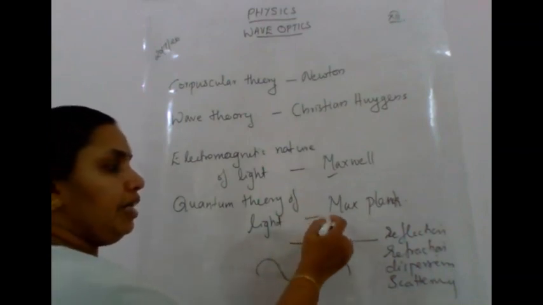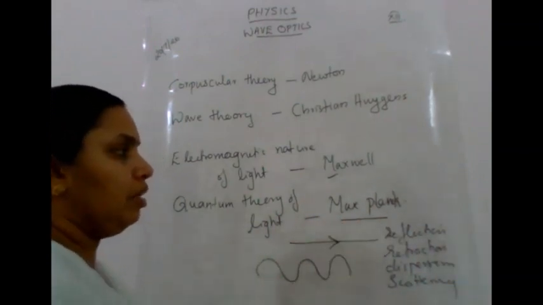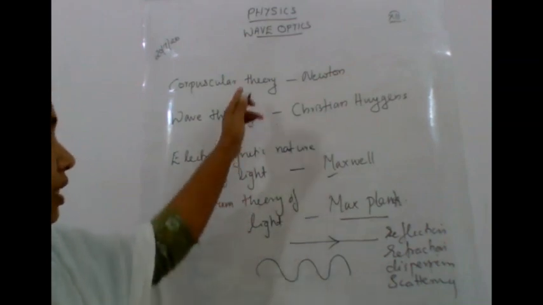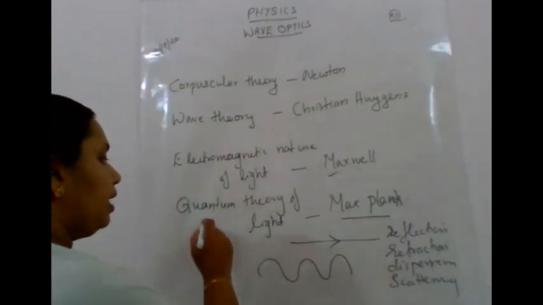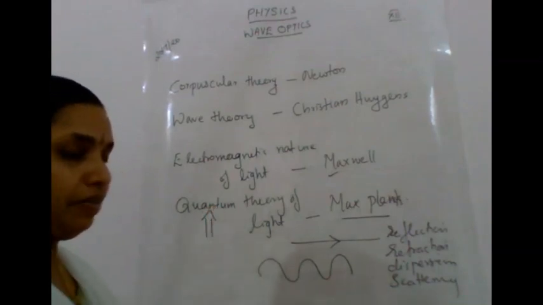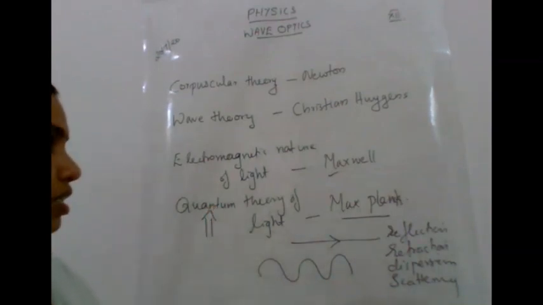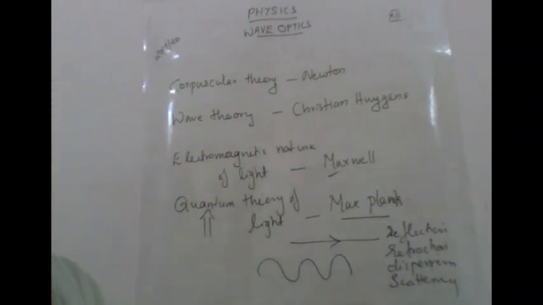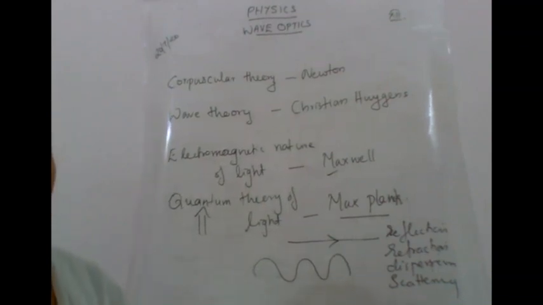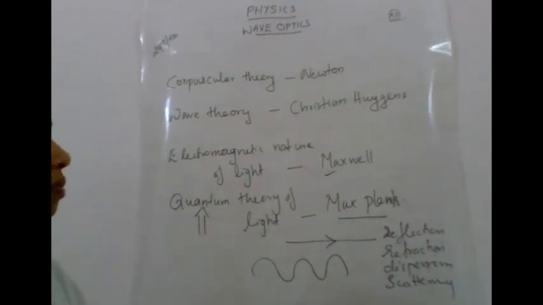And after that, Max Planck proved that not only does it have wave characteristics, it has particle characteristics, or quantum characteristics. So the last one is the quantum theory of light. Okay, so that is the study of light. The development is like this.